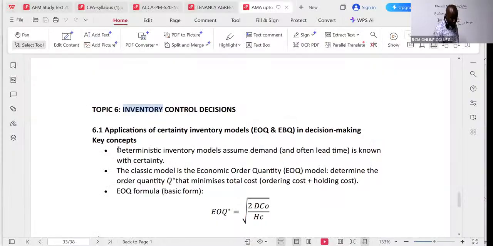So the question that I would want us to tackle right away, my friends, is this one.